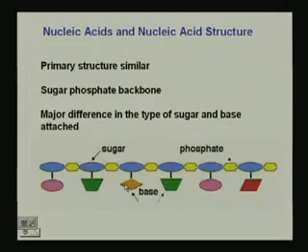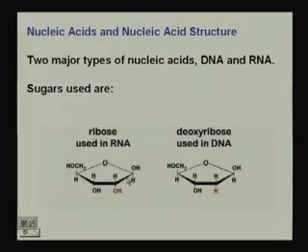So, in the absence of the OH group at the 2' position, we have deoxyribose, which is used in DNA, and ribose is used in RNA. The linkages are through the phosphate at this position, and we have a base attached to this position.